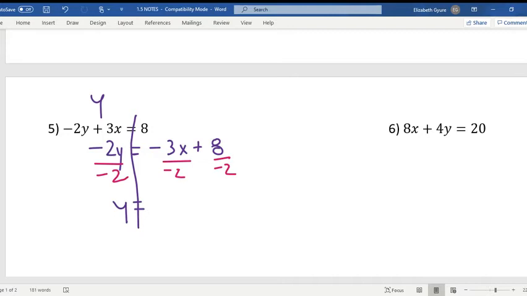Now we got some fractions, but that's okay. We've been practicing simplifying fractions, right? So if you have a negative over a negative right here, what's a negative over a negative going to be? A positive. And can you reduce 3 over 2? Like as a fraction, can that be reduced? No. So just leave it like that. 3 over 2, and then put your x next to it. Now we have 8 over negative 2.